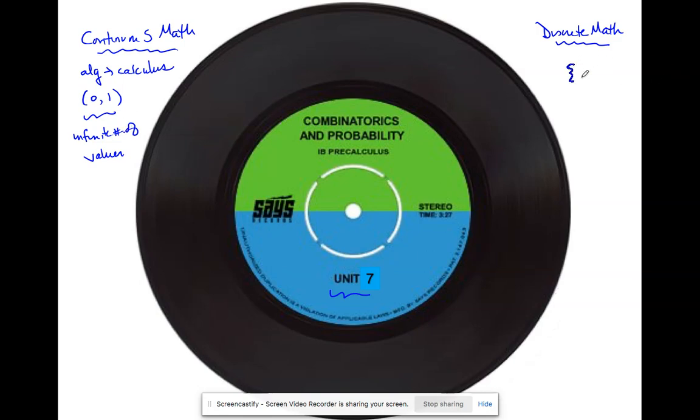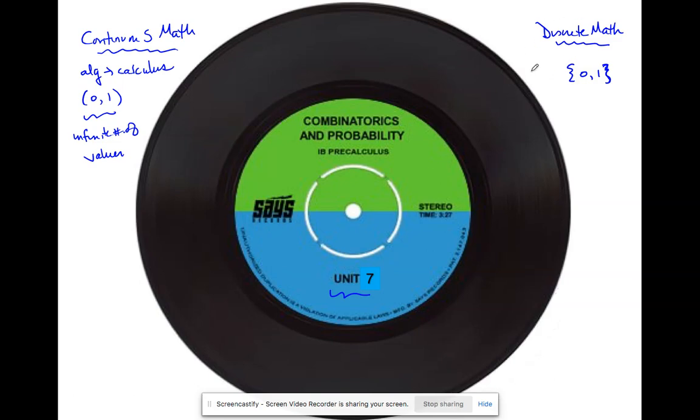Discrete mathematics says, I've got 0, I've got 1, and that's it, right? There is nothing between 0 and 1. It jumps from 0 to 1. Get it? Binary, true, false. 0, 1. Discrete mathematics. So there's a whole different branch of mathematics, different theorems that apply when you have discrete values as opposed to continuous values.